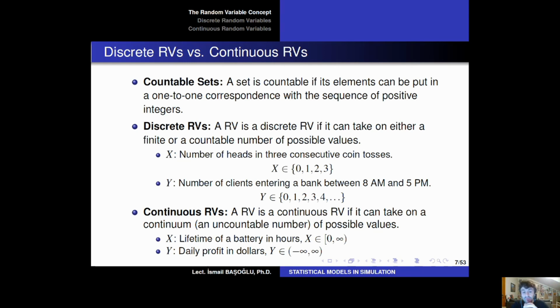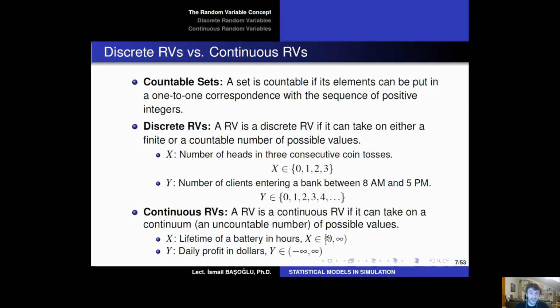For continuous random variables, we say that if a random variable can take on a continuum of possible values, where continuum means an uncountable number of possible values, that random variable would be a continuous random variable. For example, if we define the random variable X as the lifetime of a battery in hours, so working lifetime until it completely exhausts, X can take theoretically any non-negative real value.